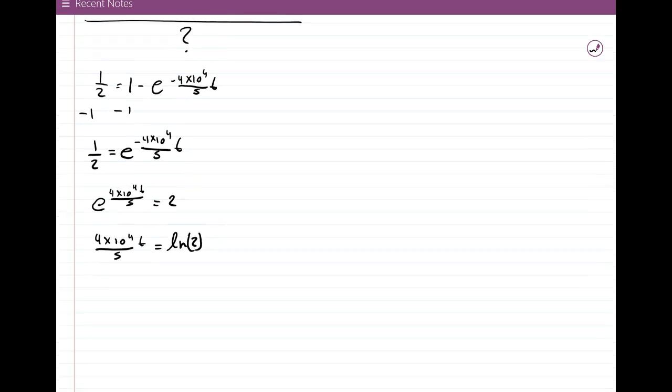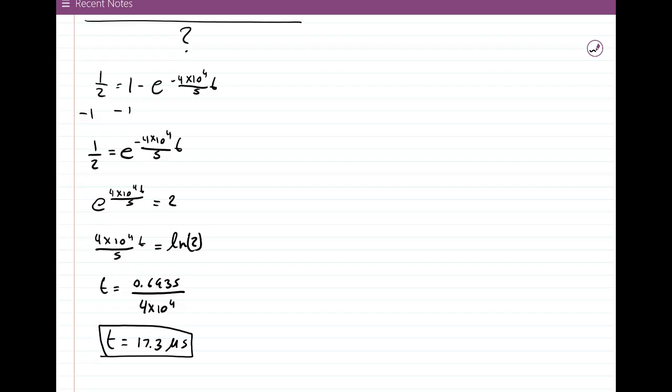Was there more to that one? The same thing for the unit, 17.3. How long after the switch is closed is the energy equal to half its maximum? Okay, to do that, where's the energy equation?